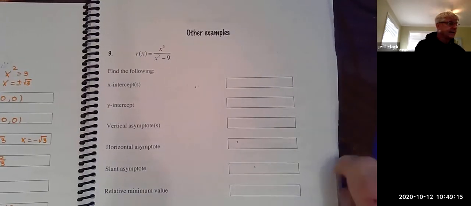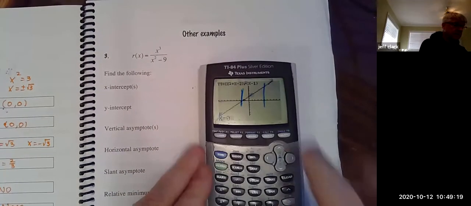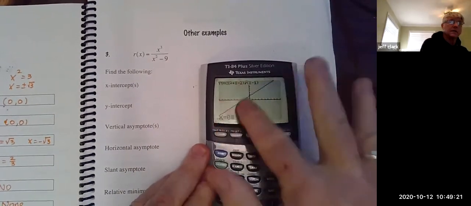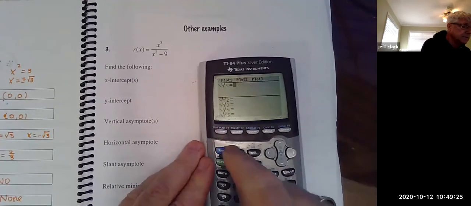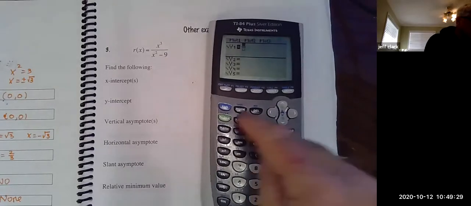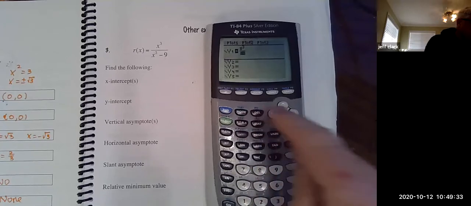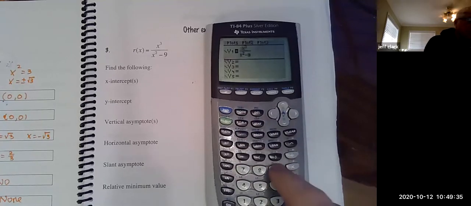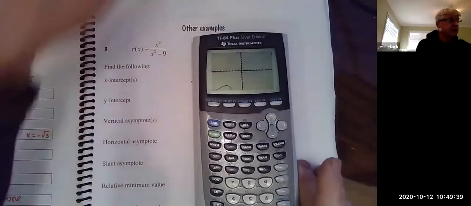Okay, it looks like I've got this one. I'll go ahead and graph it and see what it looks like first. Y equals. I'll graph it, zoom in so you can see it.